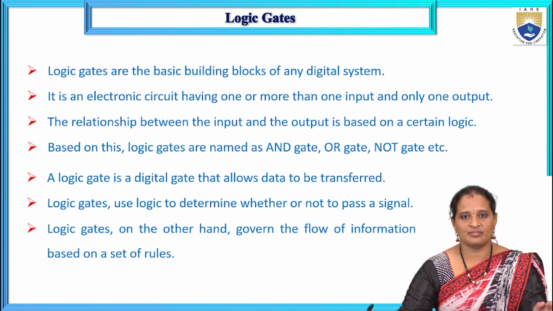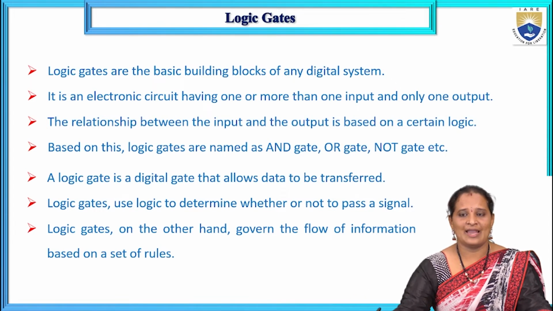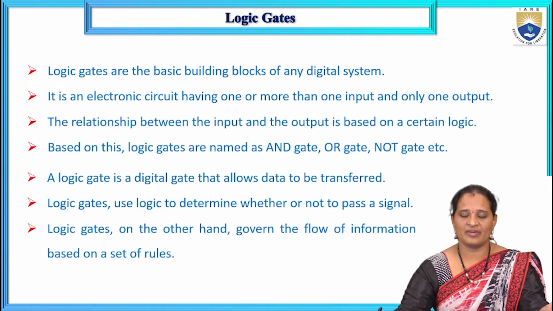As it is a basic building block of digital systems, it always accepts the inputs and also produces the outputs in the form of binary ones and zeros. The relationship between the input and the output is based on the logic performed by a certain logic gate. Based on this, logic gates are named AND gate, OR gate, NOT gate.